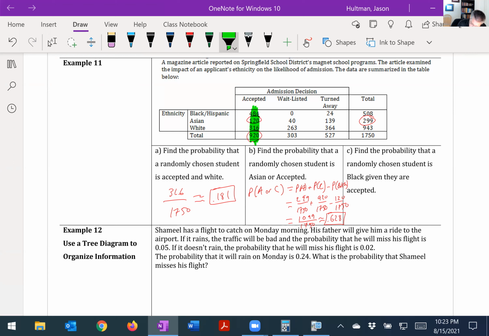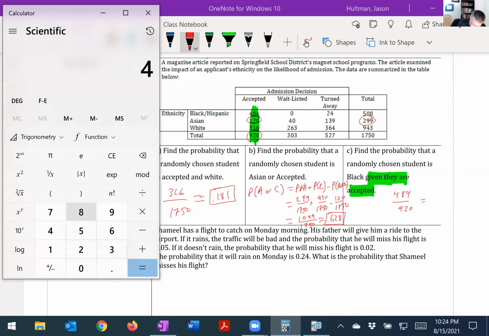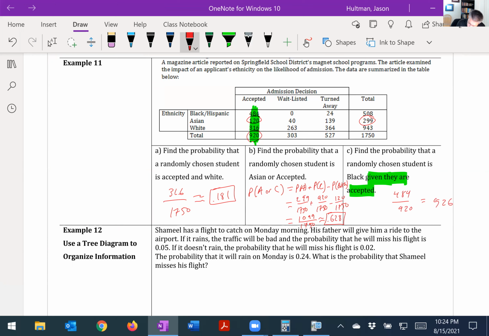Given isolates that column. So that's going to be 484 over 920, which is going to be 0.526.